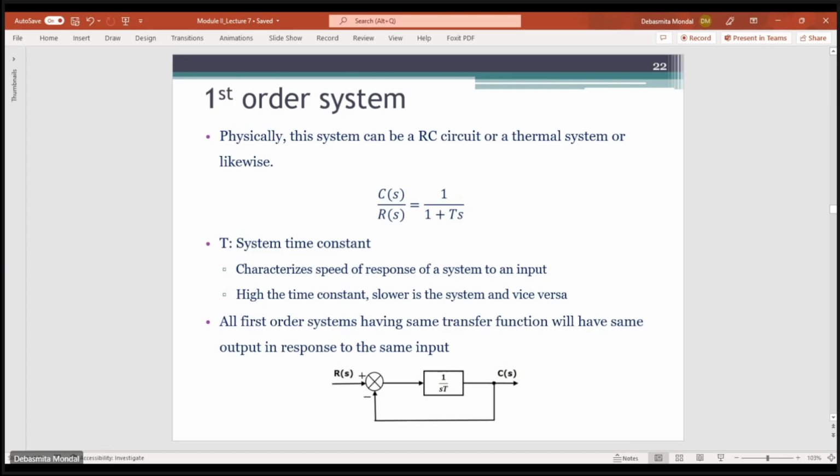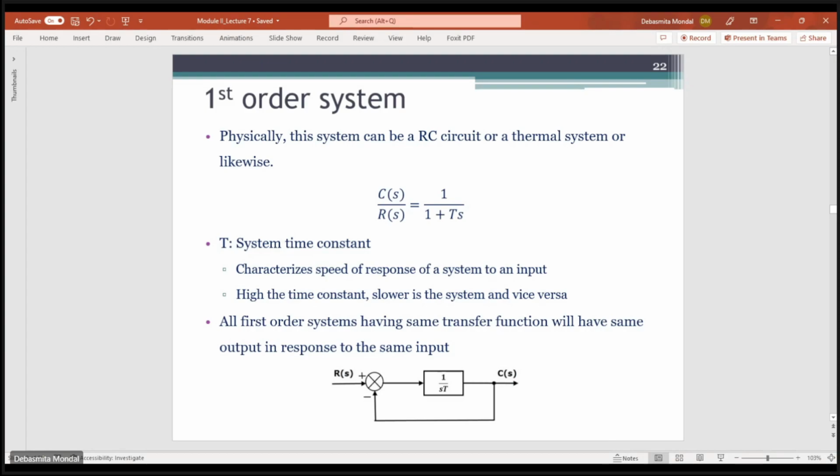So if you have your input provided to the system as R(s), how quickly the system will be able to respond to this input is characterized by the value of the time constant T. If you have a higher time constant, it implies that the system will respond slowly to the input.